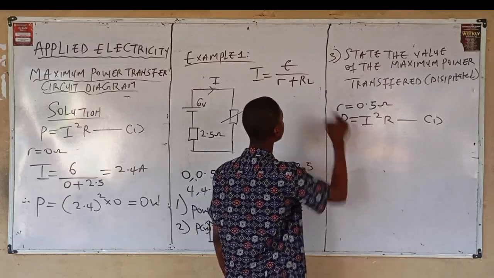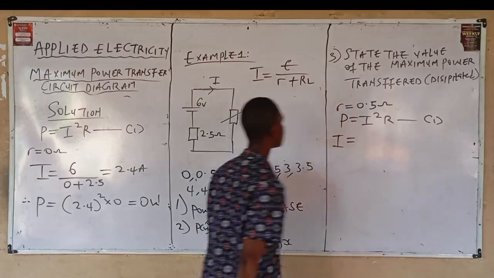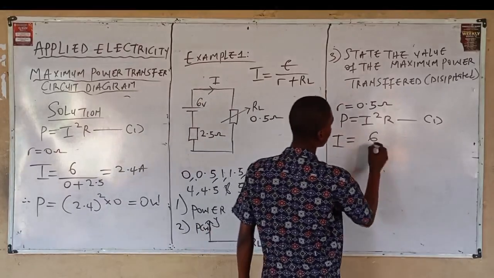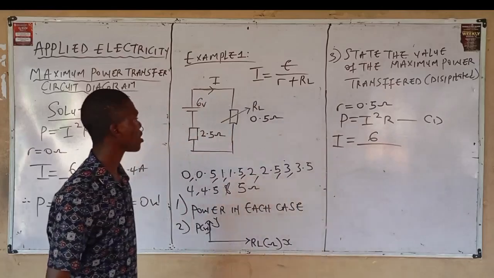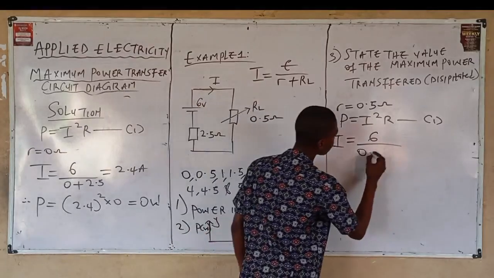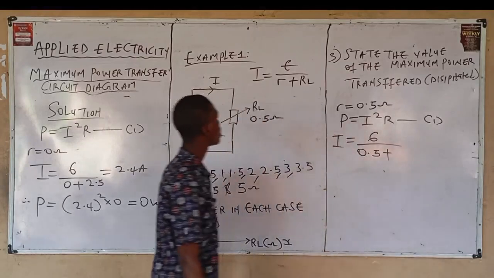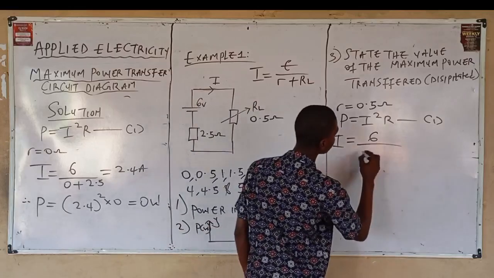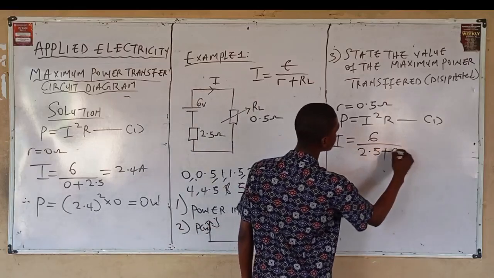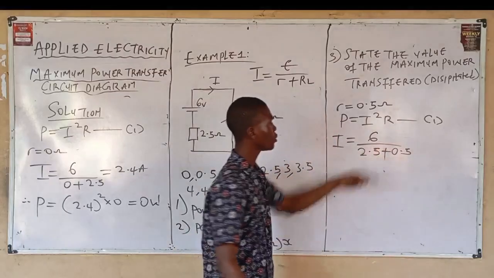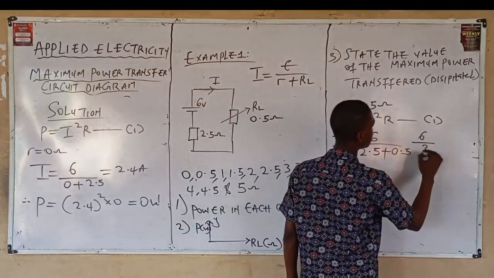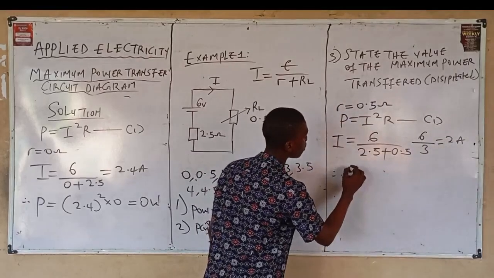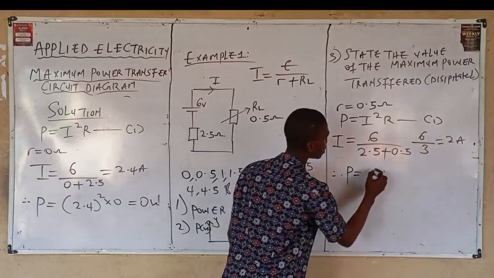Solving for I using this formula, I is equal to E, which is 6, all divided by your internal resistance 2.5 plus your load resistor 0.5. Then what do you have? 6 over 3, which is equal to 2 amperes.